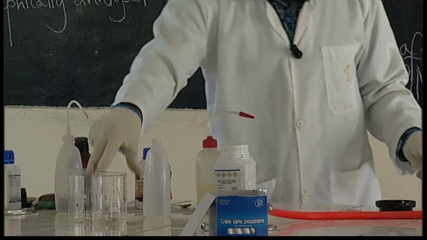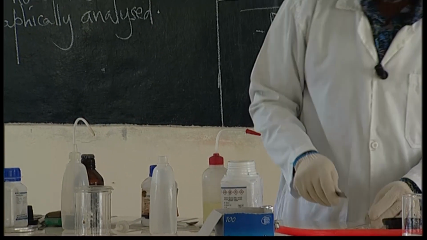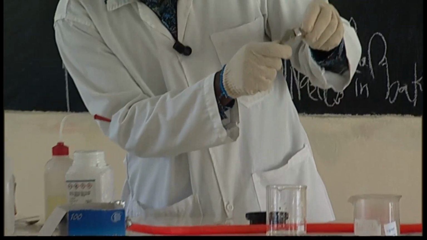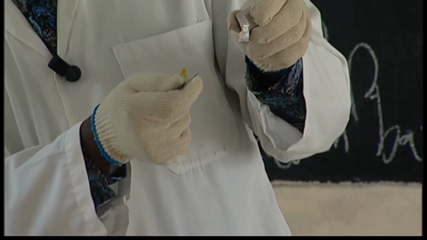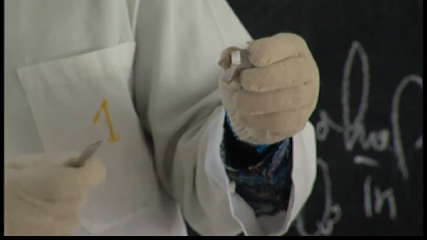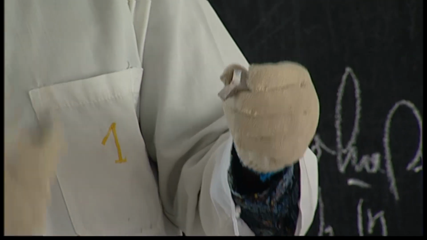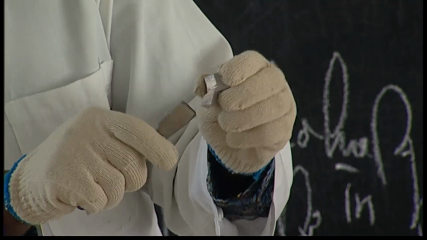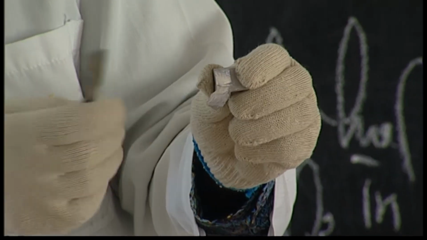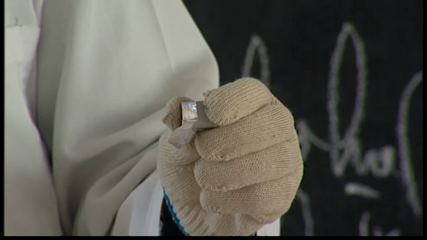I'll get a small piece of the sodium metal, and I cut it. When you look at the sodium metal, it is very soft and shiny. That is one of the characteristics of the metals, the shininess.